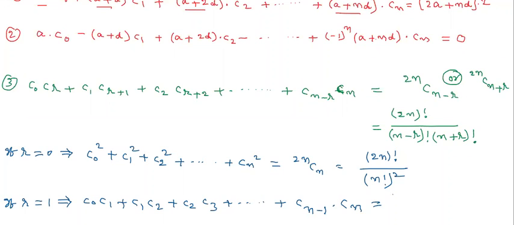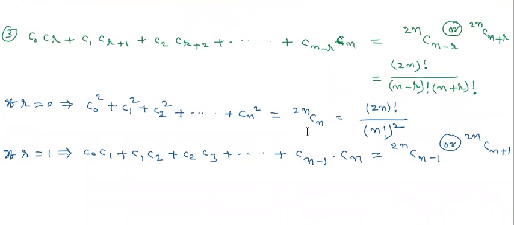What happened? 2nCn minus 1 or 2nCn plus 1. Both are correct. Or you can expand that by using NCR formula also. At that time, what you will get? 2n factorial by n minus 1 factorial into n plus 1 factorial.